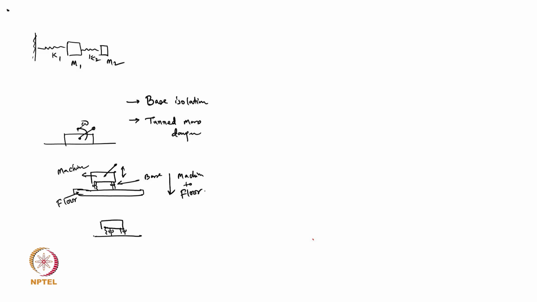You want it such that your floor is oscillating, and that is your sensitive equipment, and this has a vibration, this has a vibration. So here the vibration is going from floor to equipment.